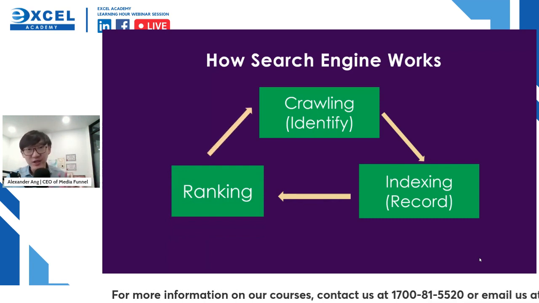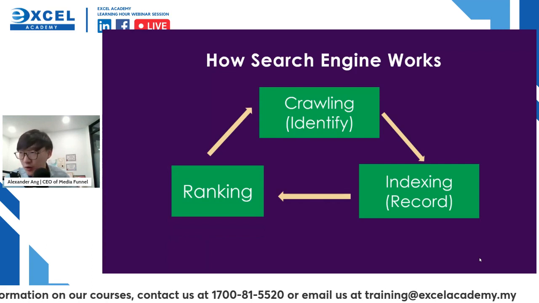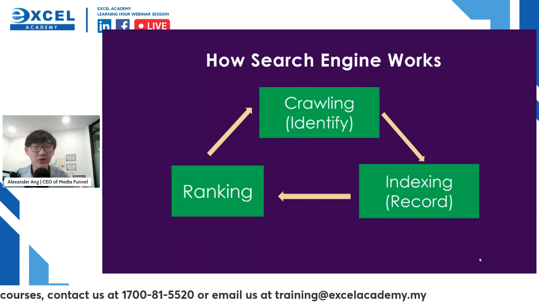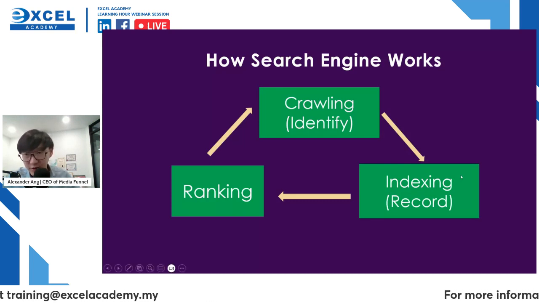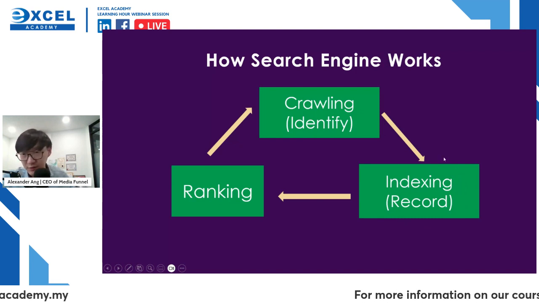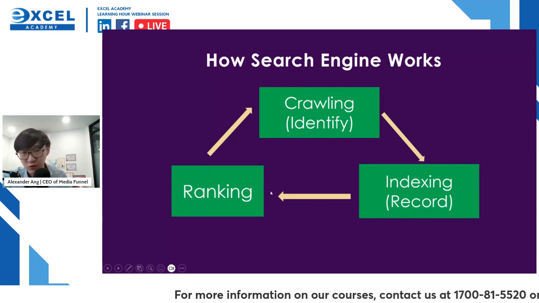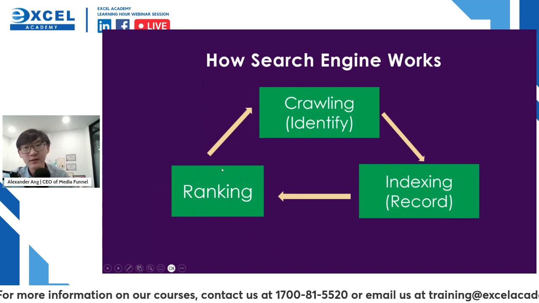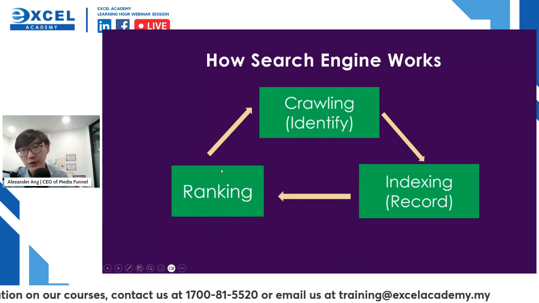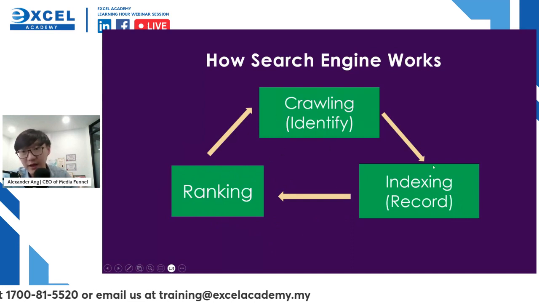So there are 3 stages for a search engine. Number 1, they will crawl all the websites that you have created, changed, or published, and then they will record what all this is about. Yeah, and then when people look for you through keywords, they can rank you on Google. So now we will work on the technical SEO, which is the crawling part and the indexing part.